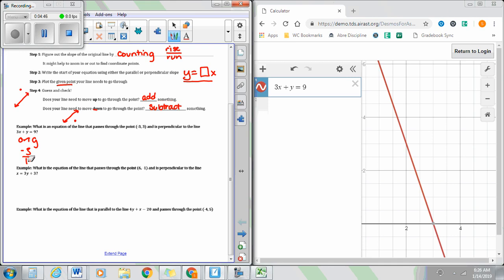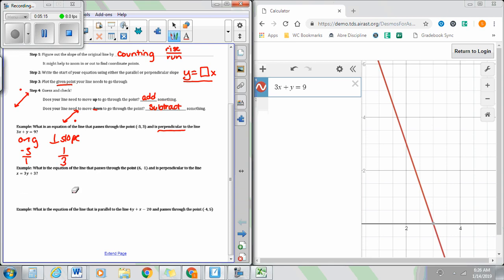So I noticed that it says perpendicular. Now perpendicular, if you'll remember in geometry, is labeled like that, kind of like an upside down T. So my perpendicular slope is the opposite reciprocal. So if you can see, this one is negative, so my perpendicular slope will be positive. And instead of 3 over 1, I'm going to have 1 over 3.